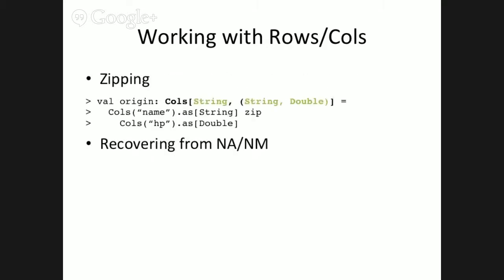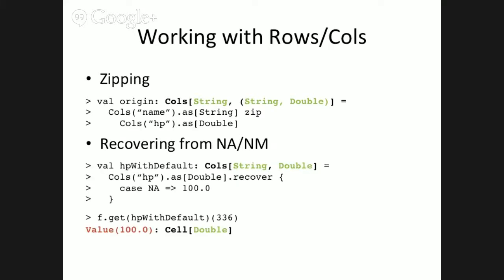Okay, so anyways, there are other operations too. There's more than this, but basically you can zip them. So instead of saying name and horsepower as a two-tuple, you can get both single values and put them together and get back a tuple. You can also recover from NAs and NMs. So if you load a CSV, you want to fill in all your values with the mode or mean or whatever else you want to do.